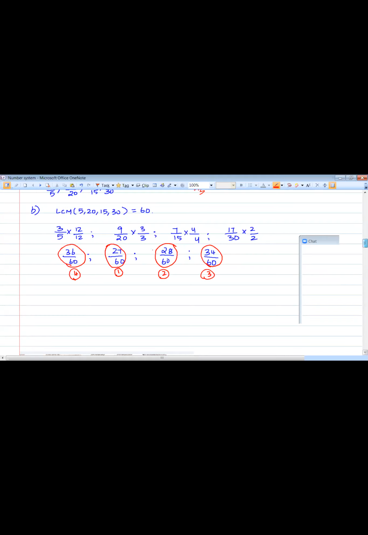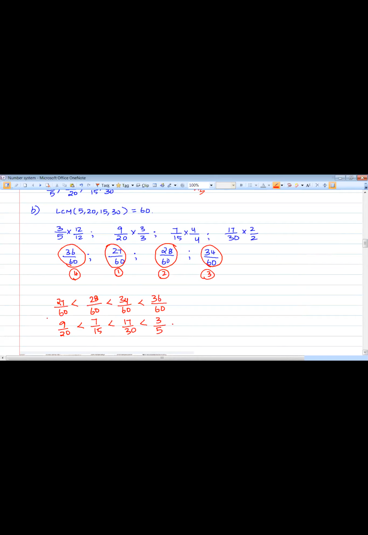So you may understand, if the numerator is the biggest value and the denominator is the same, that biggest value fraction is the greatest fraction. So we can write 27 by 60 is less than 28 by 60 is less than 34 by 60 is less than 36 by 60. So as per the question, you write 9 by 20 is smaller than 7 by 15 is smaller than 17 by 30 is smaller than 3 by 5.